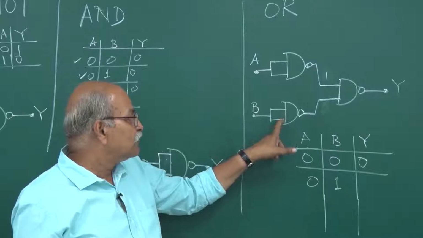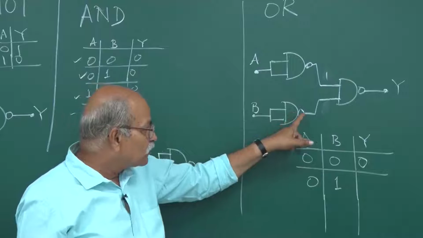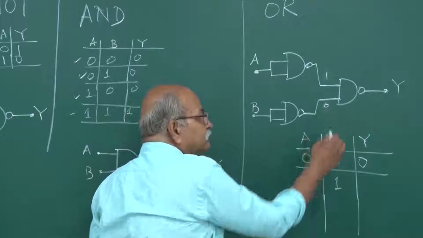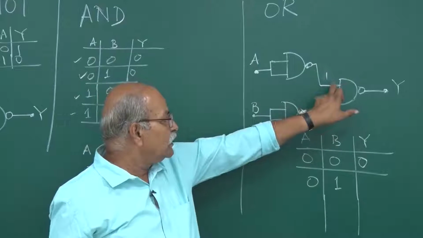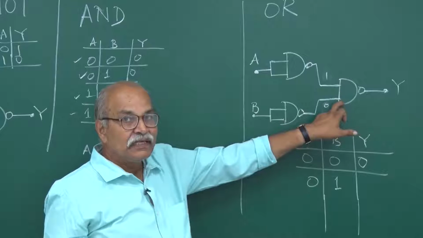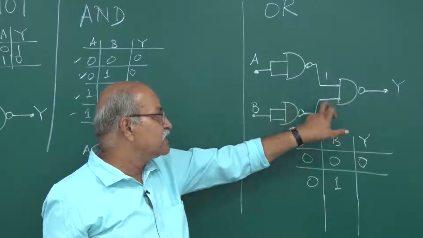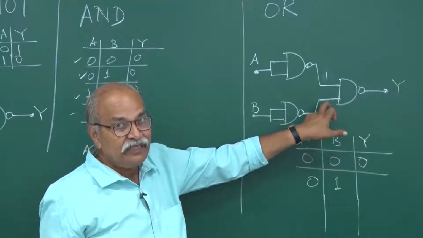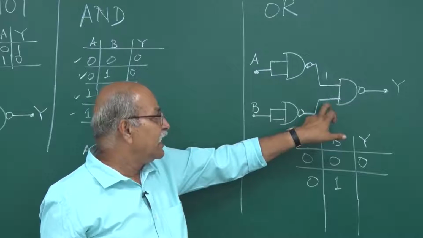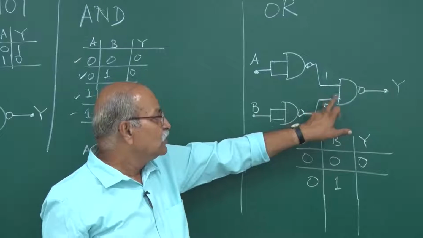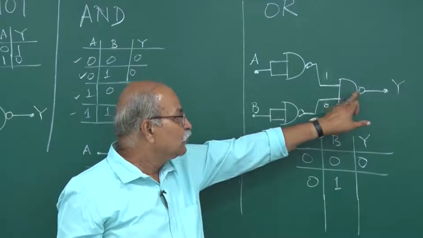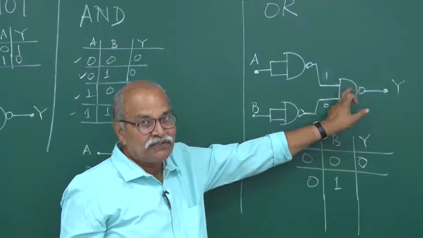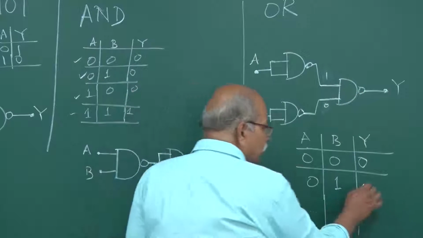AND of 1 and 1 is 1. NOT of that is 0. So this is 0. And this 1 and this 0, AND of 1 and 0 is 0. Remember, the AND of 1 and 0 is 0. So here it is 0. And then NOT of that. NOT of 0 is 1. So this becomes 1.